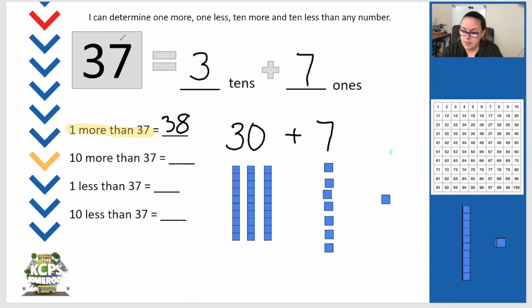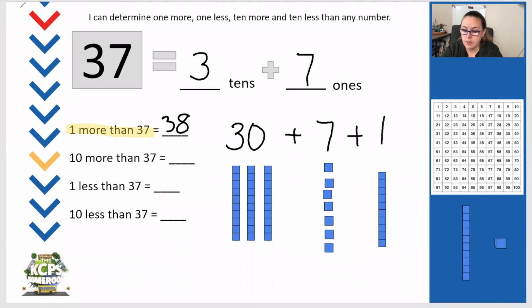So I'm going to erase this part because now we need to talk about 10 more than 37. So I'll fix this block here and put it back. And now let's talk about 10 more than 37. So we added a 1's unit square to get 1 more than. Let's add a 10's rod to get 10 more than.